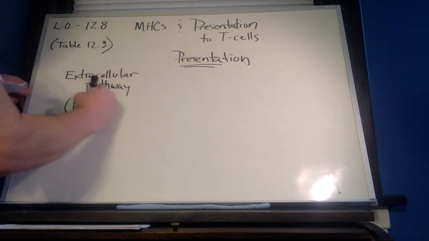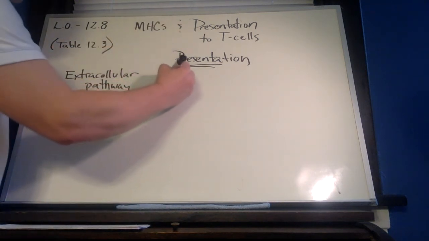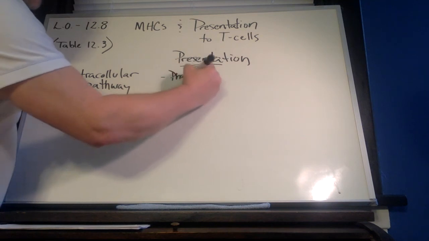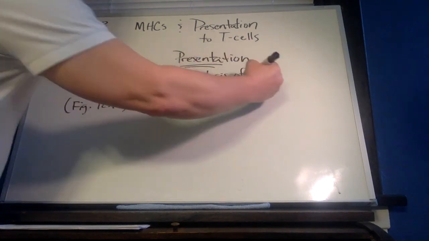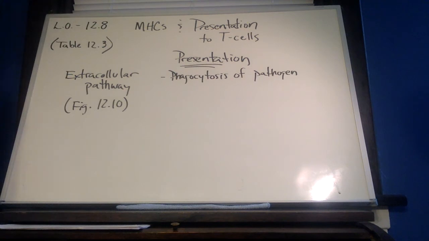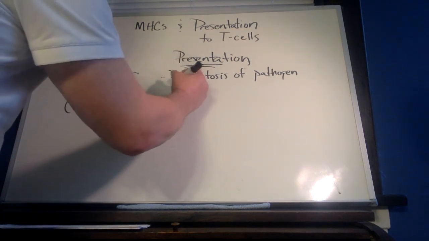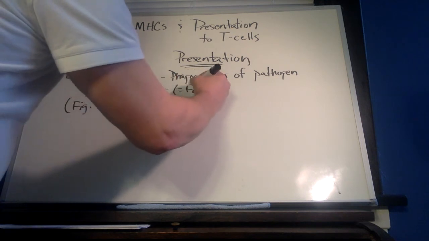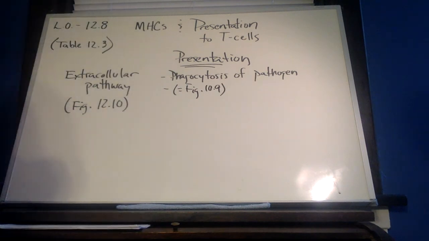First step there is going to be phagocytosis of the pathogen. If it's on the outside, we need to get it inside so that we can break it down. So you can see then in the next steps, and you're going to notice this is going to be very similar to what we saw in figure 10.9 when we were studying the different steps of the infection process.